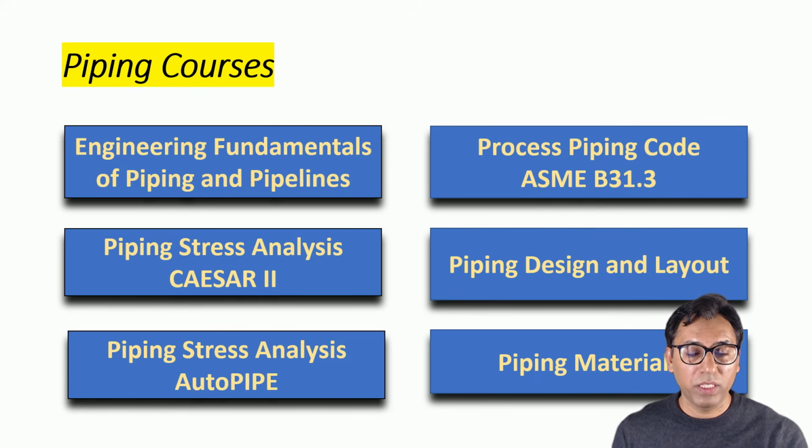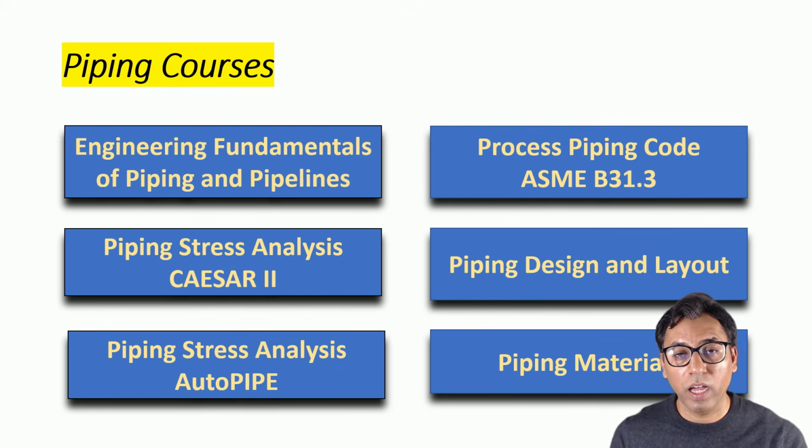So basically it is more interpretation and understanding of the code with references, as I said, design, engineering, component fabrication, construction, and inspection. That could be a helpful course if you want to enhance your knowledge particularly about that code.